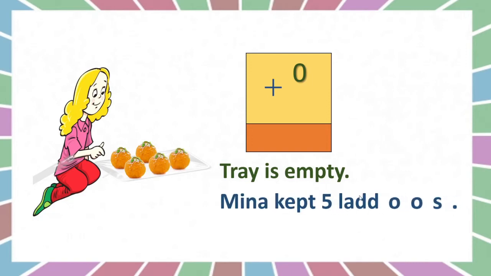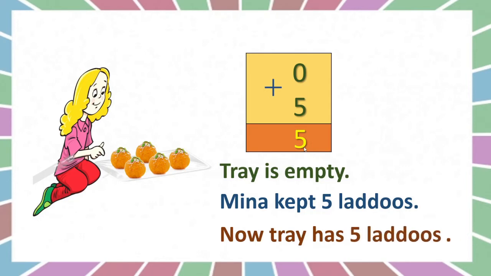Meena kept 5 laddus in the tray. Yes, so let us write 5 here because earlier there was no laddu, right? So 0. Now we can see 5 laddus on the tray. So we have written 5 here. Now what is the answer for this? 0 plus 5 is equal to, yes, how many laddus you can see on the tray? 5. Correct? So altogether there are 5 laddus in the tray.